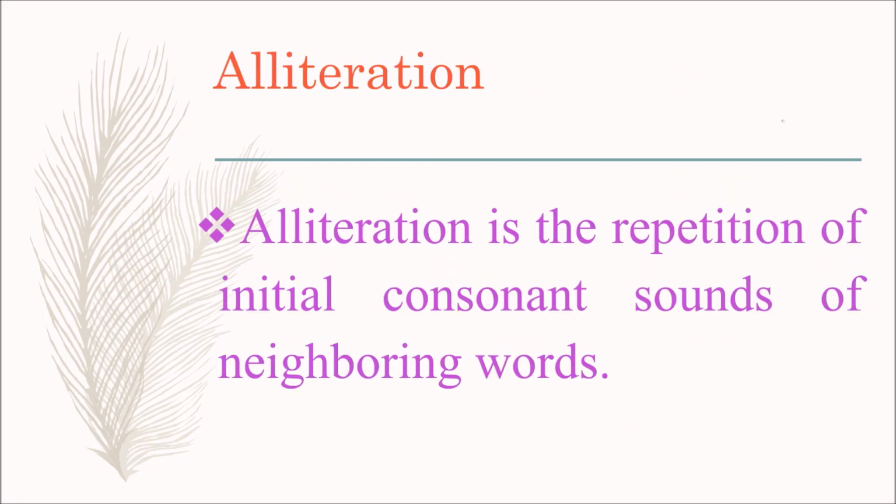Alliteration. First, we have to know what is meant by alliteration. Alliteration is the repetition of initial consonant sounds of neighboring words. In other words, alliteration is the repetition of beginning consonant sounds.